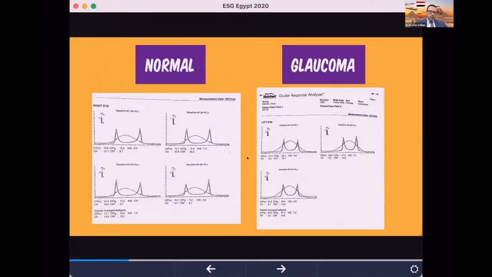Here, I would like to present the normal output of ocular biomechanics. We will find that the IOP is within normal levels. Here, the corneal hysteresis is more than the corneal resistance factor. The average normal value is about 7 to 8.